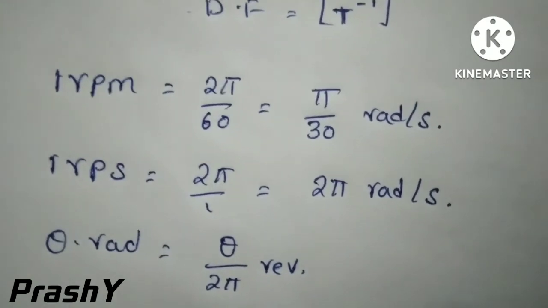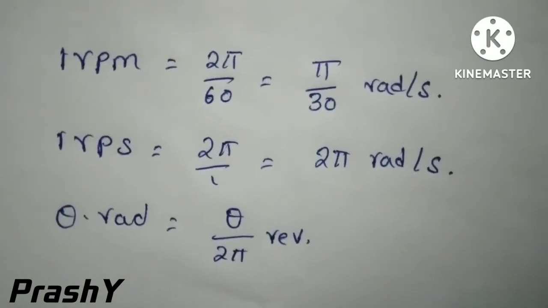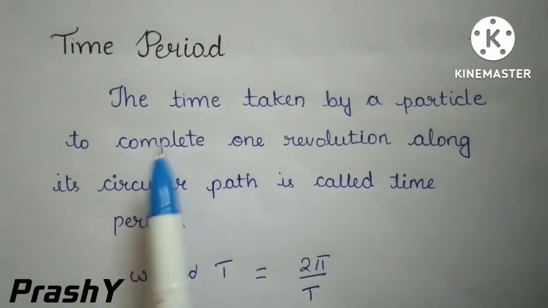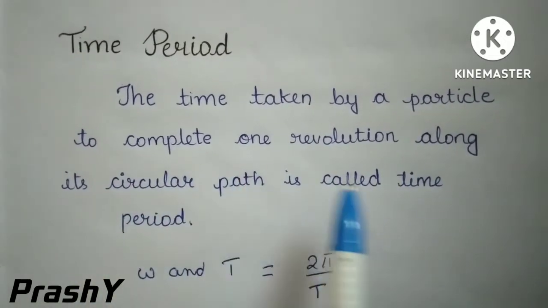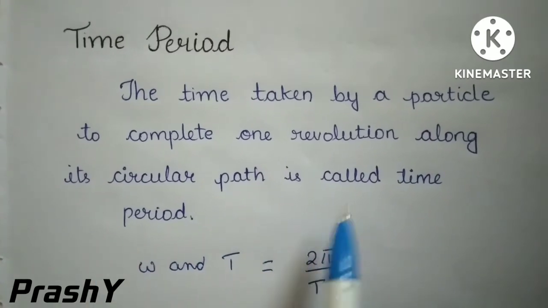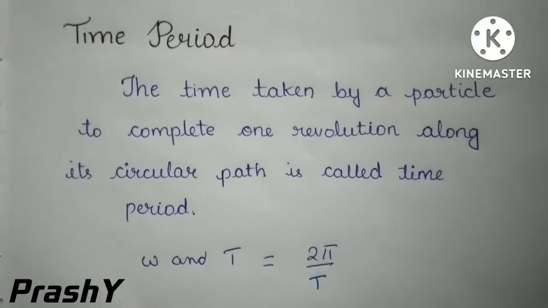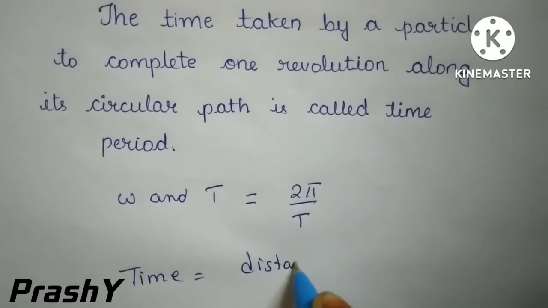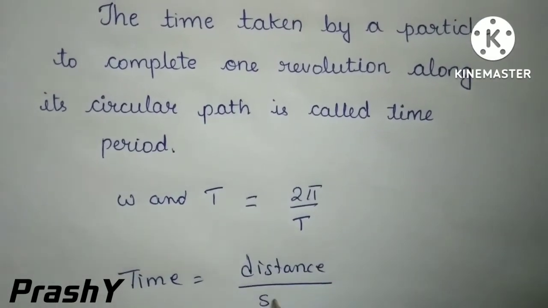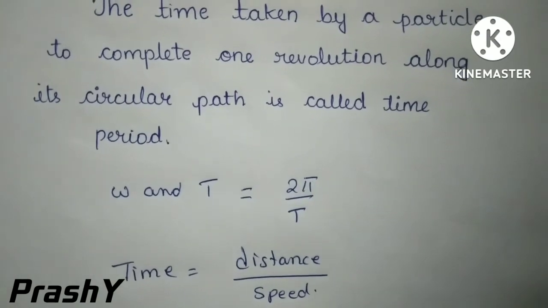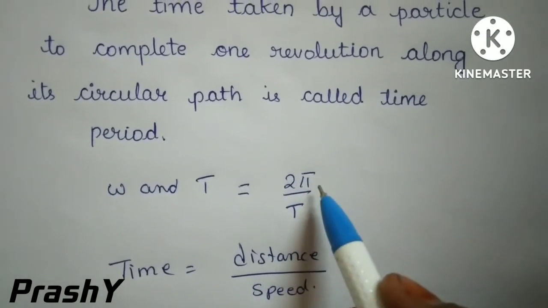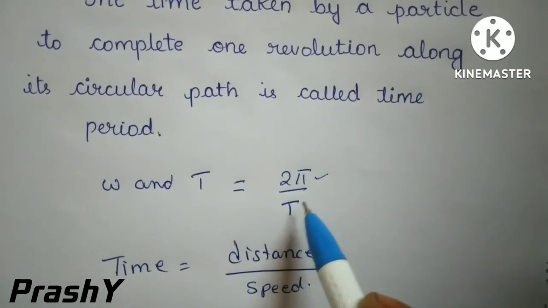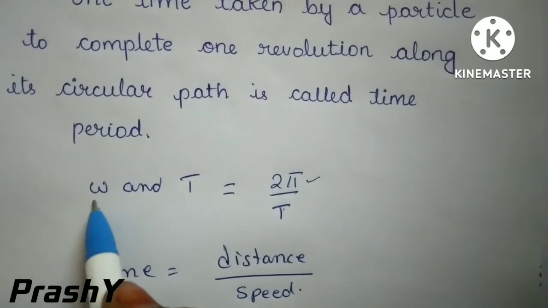Now let us see what is the time taken by the particle to complete one revolution. So the time period of a particle can be described as the time taken by a particle to complete one revolution along a circular path. So we know that time is equal to distance by speed. Distance traveled by a particle to complete one revolution is 2 pi, and speed is equal to omega.